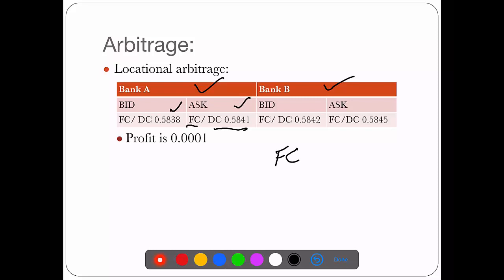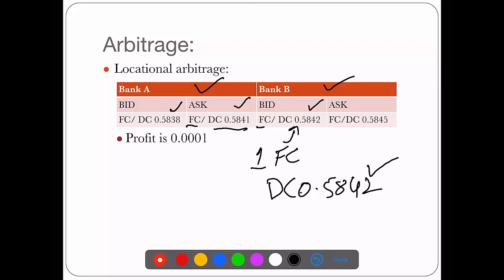If you take the same 1 unit to Bank B, you can see that Bank B is buying the foreign currency and paying you the domestic currency at a higher rate. You paid 0.5841 domestic currency to Bank A and got your 1 unit of foreign currency, and you sold the same to Bank B and got 0.5842 units of the domestic currency. So you made a profit because you sold the same unit of the foreign currency at a high rate.